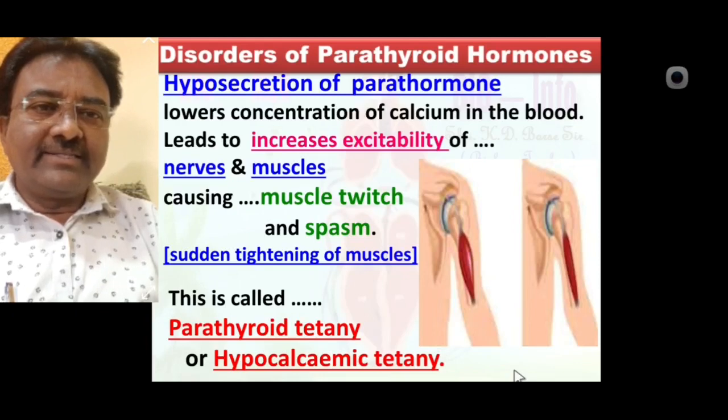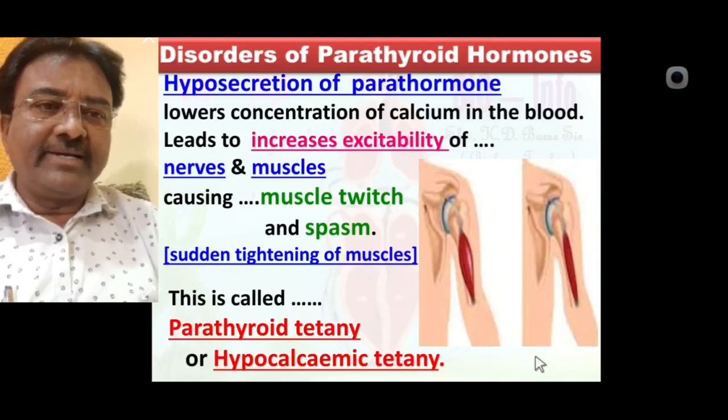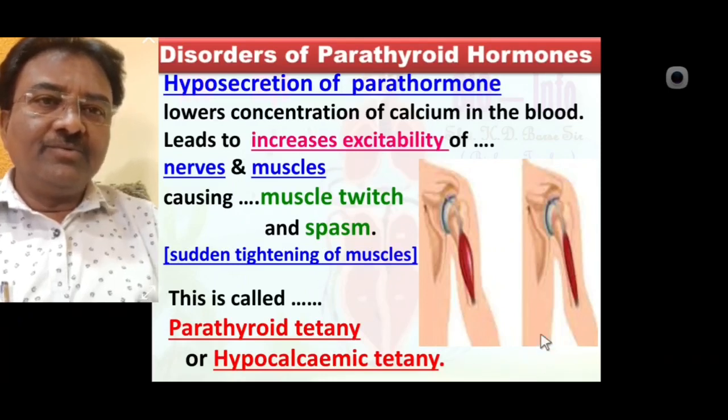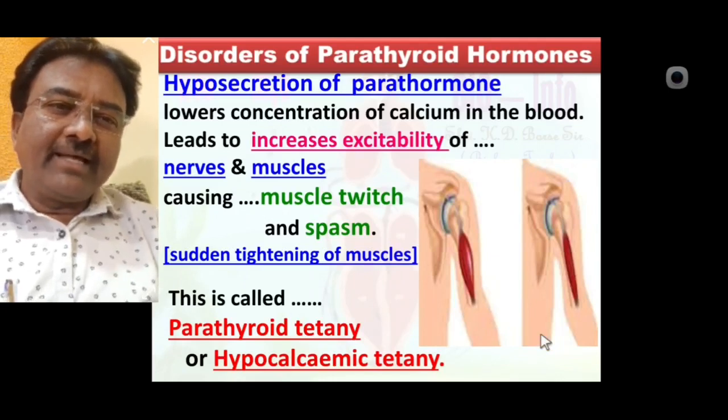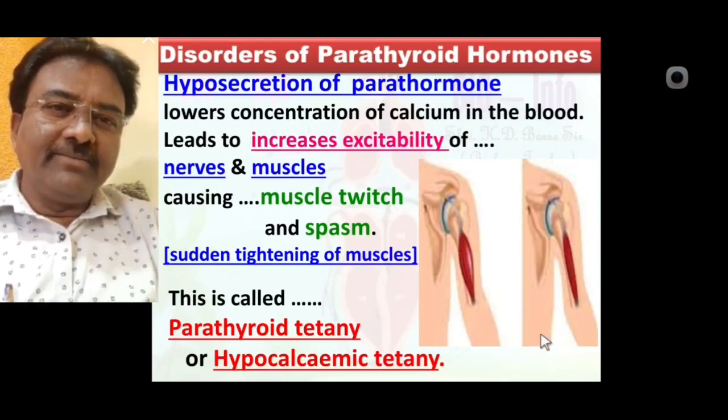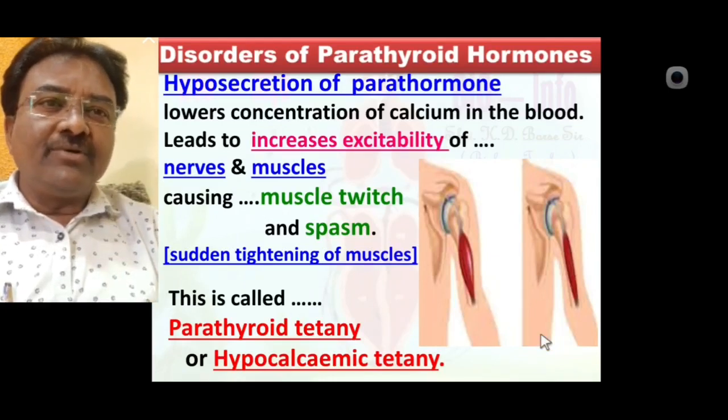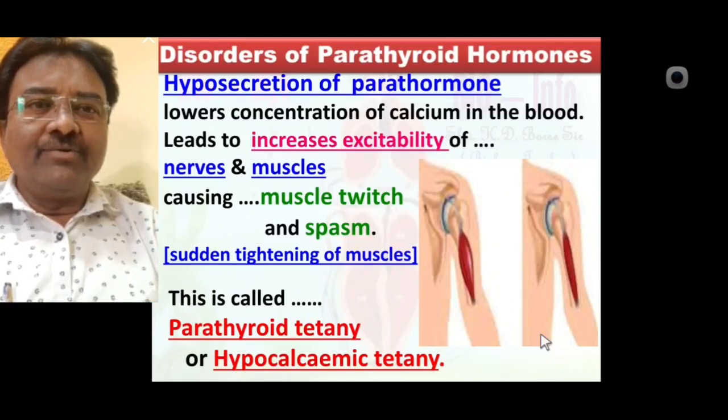Such tetany is known as parathyroid tetany or hypocalcemic tetany. So parathyroid tetany or hypocalcemic tetany is one of the disorders of the parathyroid gland due to hyposecretion of parathormone.